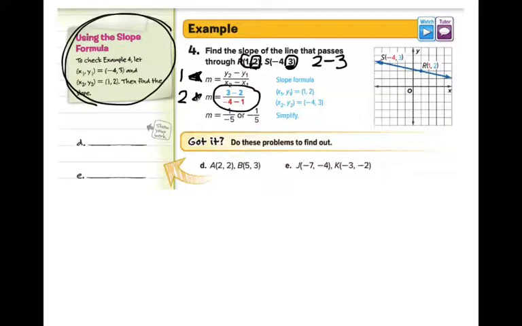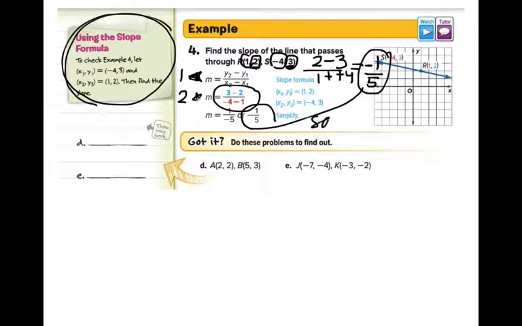So I'll take my first x, 1, minus the second x, negative 4. Let me add the opposite, and you end up with negative 1 over positive 5, which is actually the same. Okay, so that's all they're telling you to do in this little side note. More proof that the order does not matter as long as whatever you start with on your y's, you start with that on your x's.